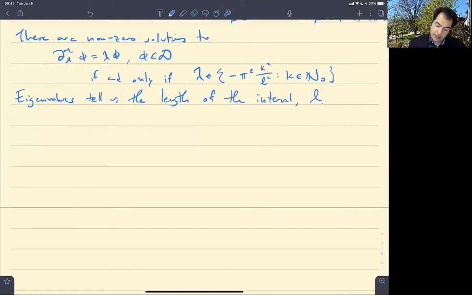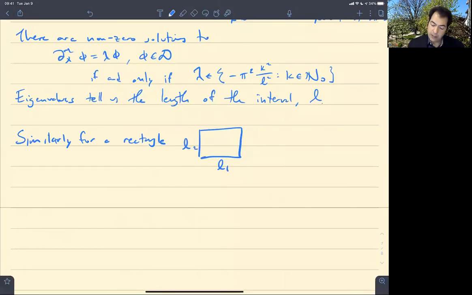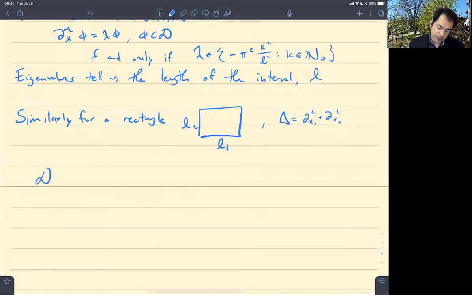Okay. For a rectangle, say you have a rectangle and this side has length 1, this side has length 2, and now the Laplacian has the form dx1 squared plus dx2 squared. So here we would define D, with Dirichlet boundary conditions.